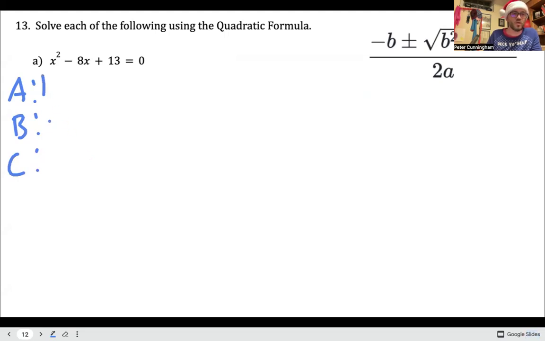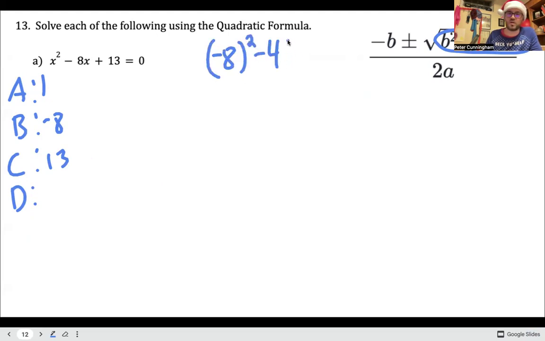So you got 1, -8, 13, A, B, C. I even write D, thinking about that discriminant, because that discriminant tells me so much. I want to do B squared minus 4AC first. I want to do -8 squared minus 4 times 1 times 13.